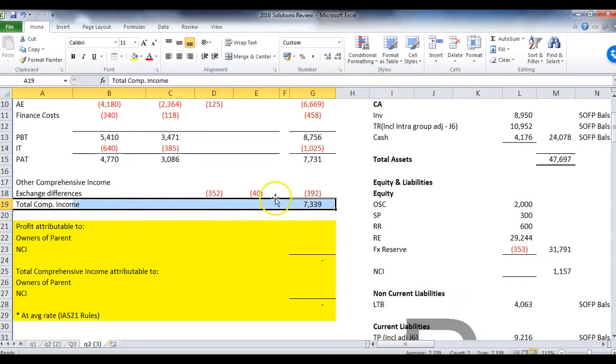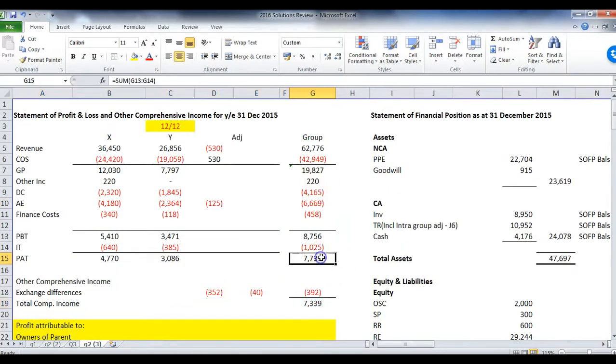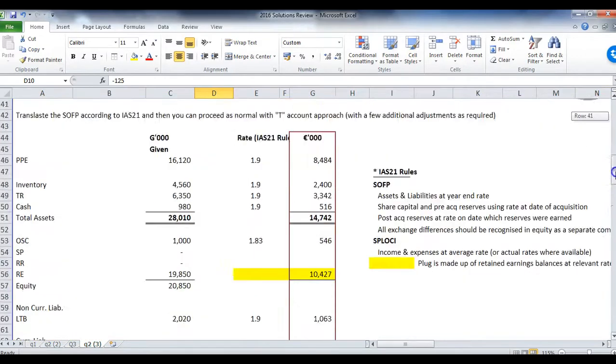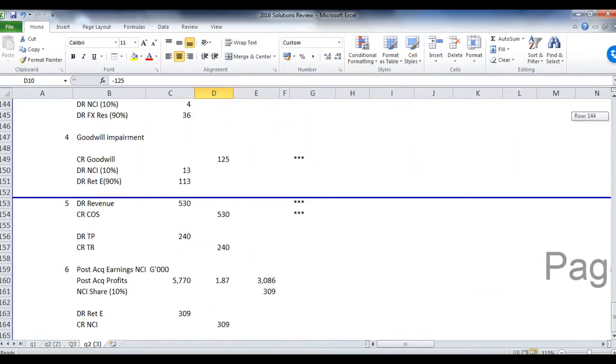So typically what I get students to do is when you are trying to figure out how much of that profit is attributable to the NCI, well, the sub's profit for the year was 3 million, and is there any relevant adjustment that is associated with the sub's profits? And this 125 is. So typically, and again, I forgot to do it in this instance, when you're down here, if there's any sub's profits, I put a capital S. So the capital S signifies that that will impact the calculation of the NCI's portion of the sub's profits.